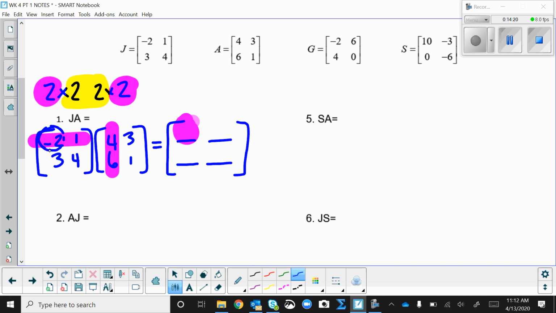The first entry in this column is 4. Okay, so I'm going to multiply those together. The second entry in the row is 1. The second entry in this column is 6. I'm going to multiply those together, and then I'm going to add them. So this gives me -8 plus 6, which is -2. That is what goes right here.